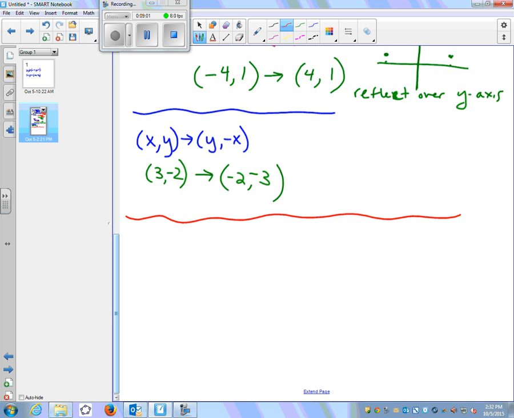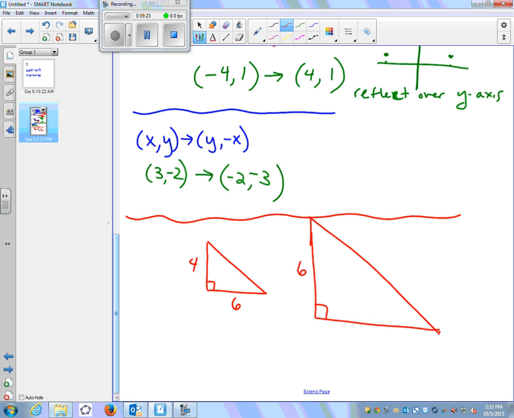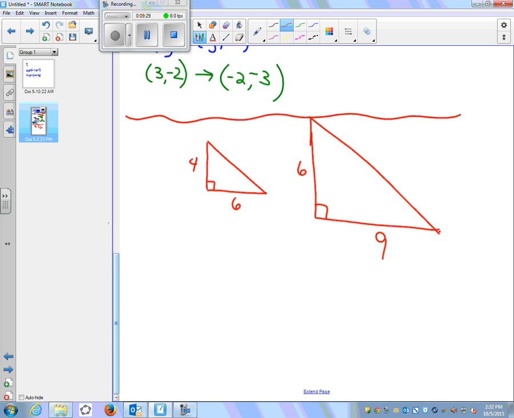So if I have a figure, and then I ask you what's the scale factor.